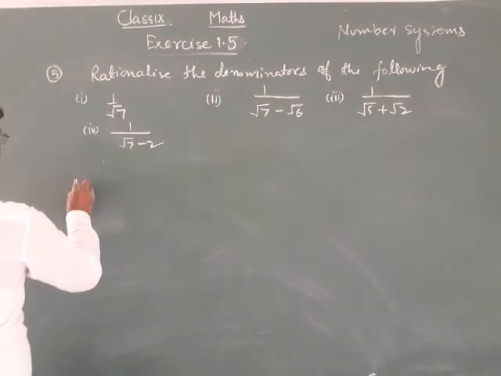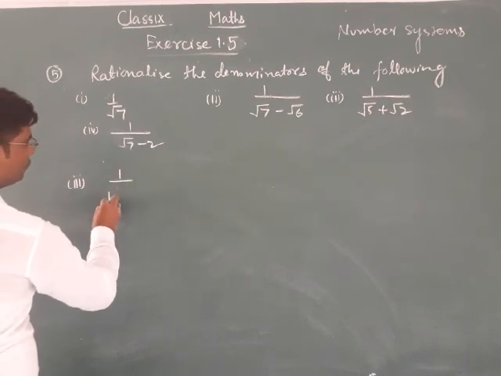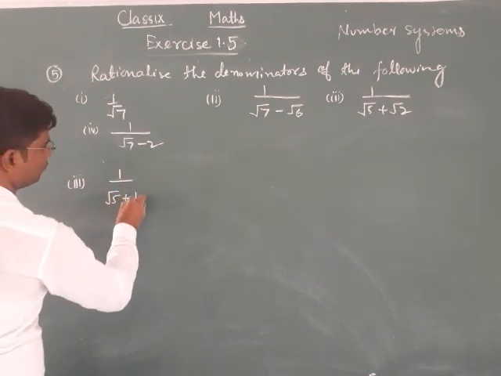And the third part, 1 upon root 5 plus root 2.